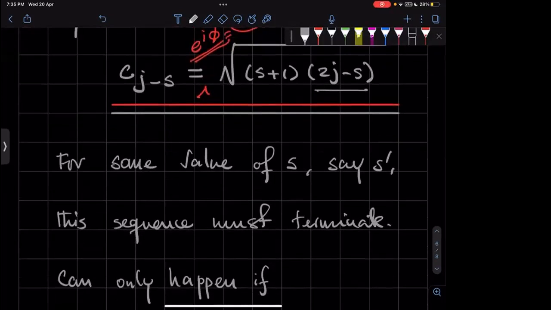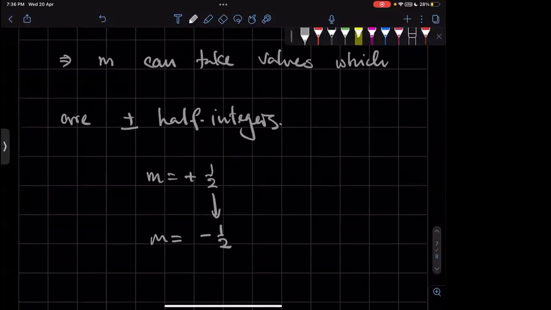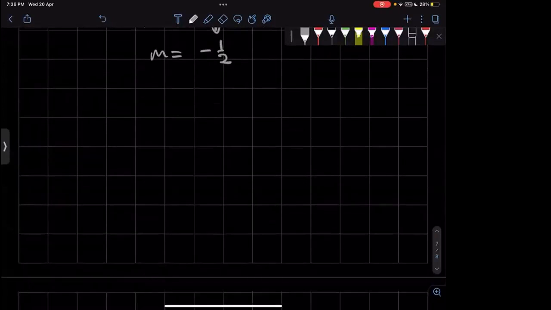So if you now go back to our original equation, where we had J acting on those, so we had J plus acting on lambda m.